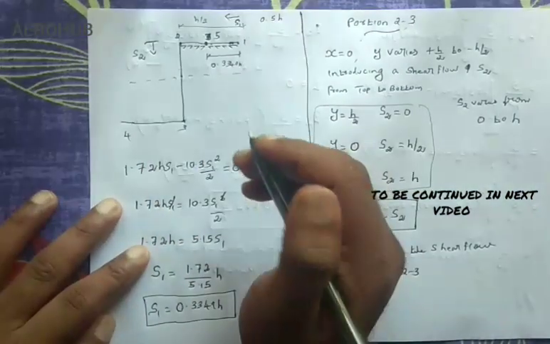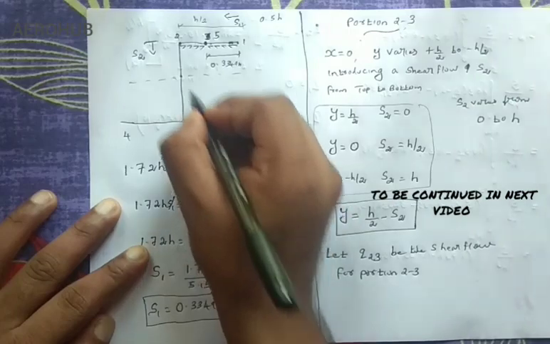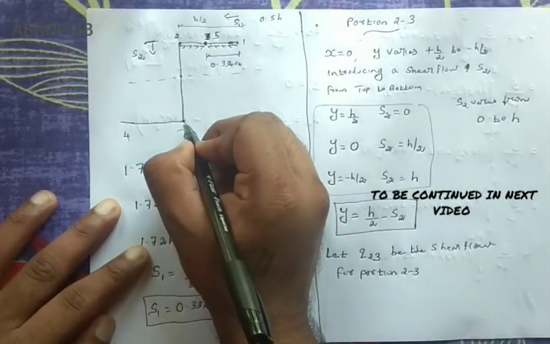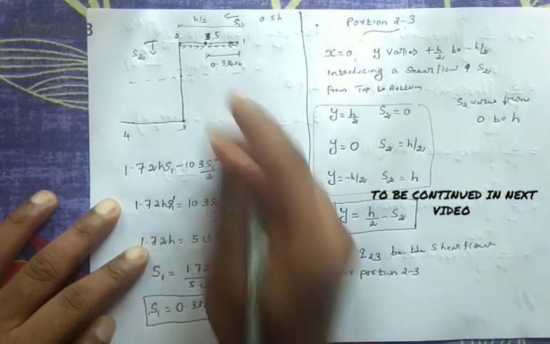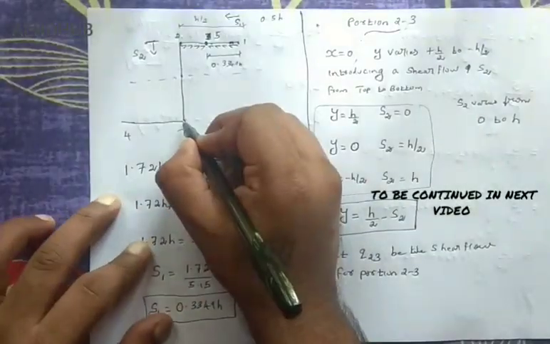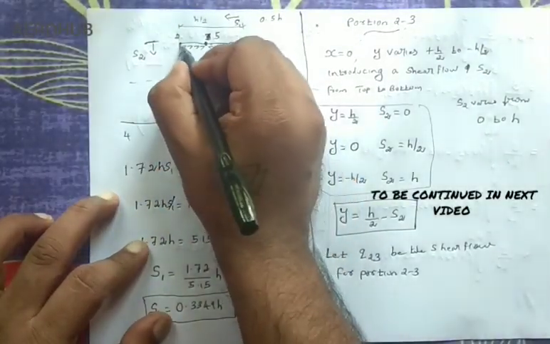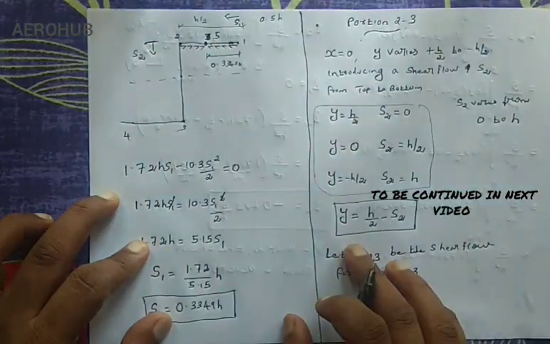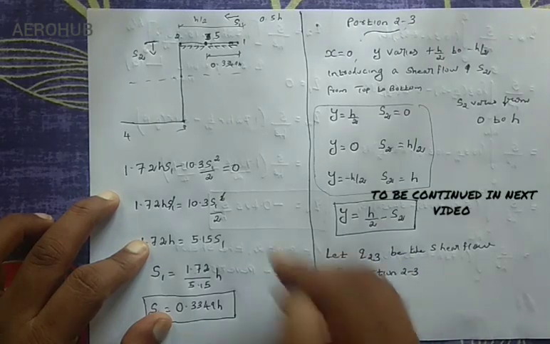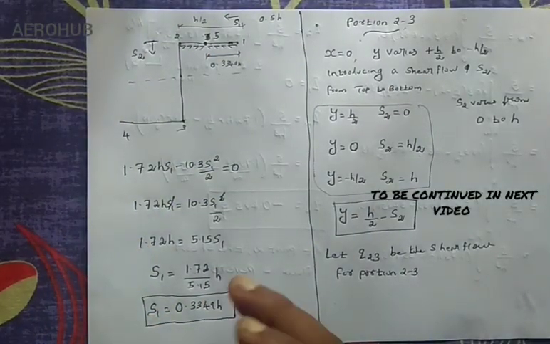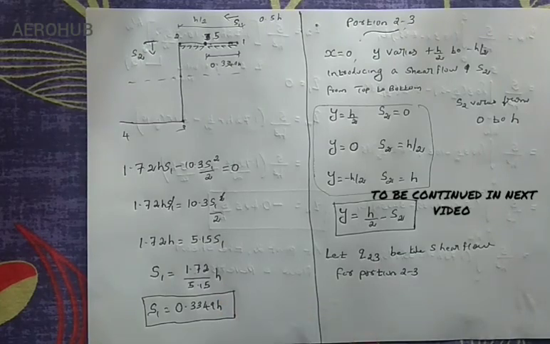We assumed that the shear flow is from top to bottom, but we got the value of shear flow at point 3 as minus 0.425 S by H. So this will be from bottom to top, and the values of shear flow at point 2 and point 3 are the same. That doesn't mean that the shear flow is constant throughout the web. The shear flow will be varying throughout a portion.